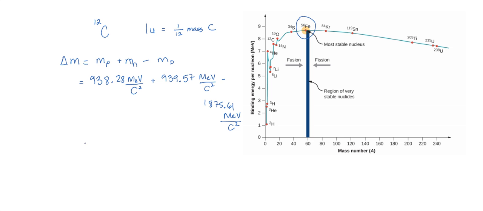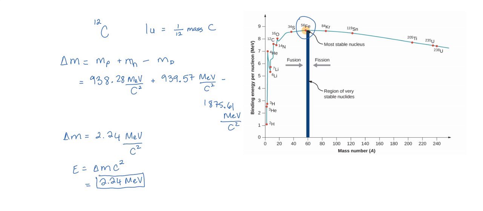And what I end up finding is that the mass defect for that is 2.24 mega electron volts per c squared. The binding energy of the deuteron is therefore going to be that value times c squared, which is going to be 2.24 mega electron volts.